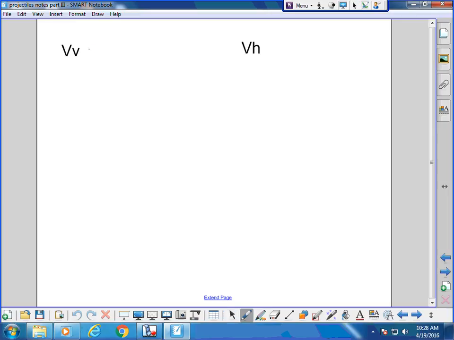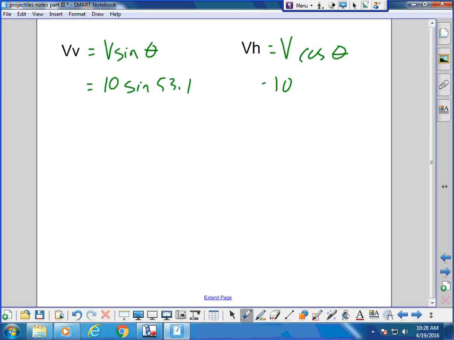So VV is going to be equal to V sine theta, and VH is going to be equal to V cos theta. And I think that speed was 10 to begin with. Okay, so we're going to have 10 sine 53.1, 10 cos 53.1.